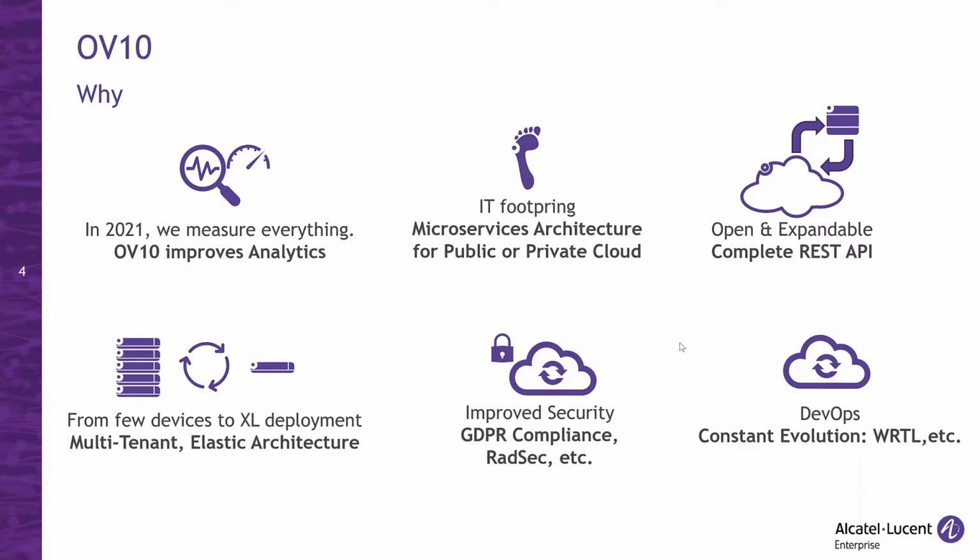This architecture can now be deployed in the public cloud, as we are doing currently with OV10, with OV Cirrus, or we can deploy it in your private cloud. Microservices architecture allows us to scale very well from the very low-end market, from SMB or very small customers like 3 APs and 1 switch, to web scale or service provider scenarios.